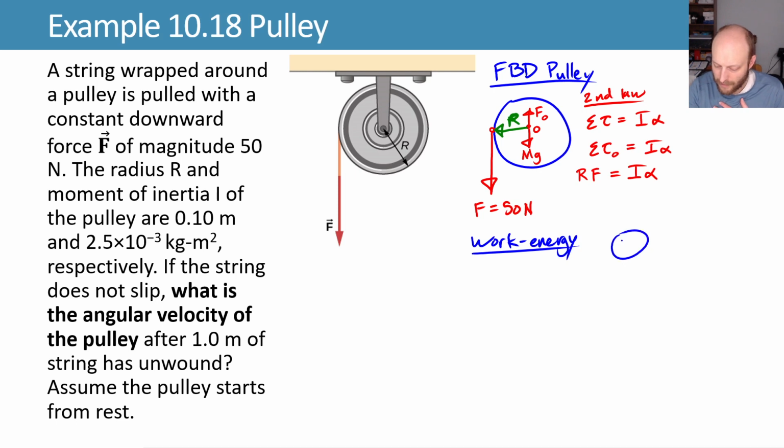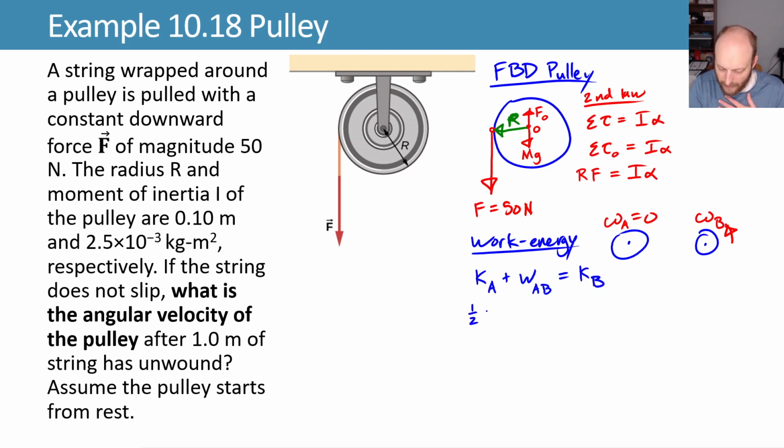For this, I'm going to draw before and after. So before, we start from rest. After, we have some non-zero omega B as this is spinning. Now I can say that my kinetic energy initially plus my work as I go from A to B is equal to my final kinetic energy.